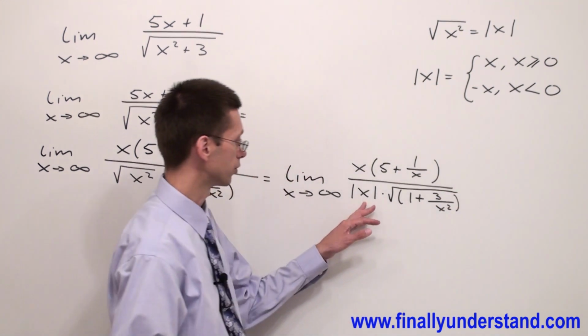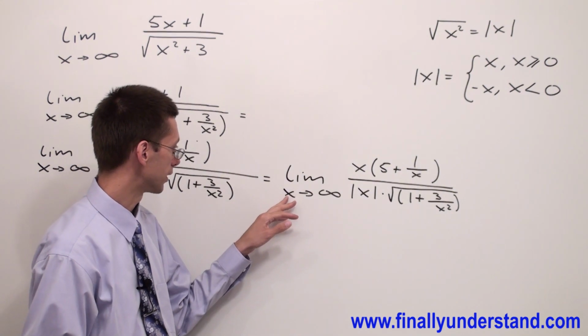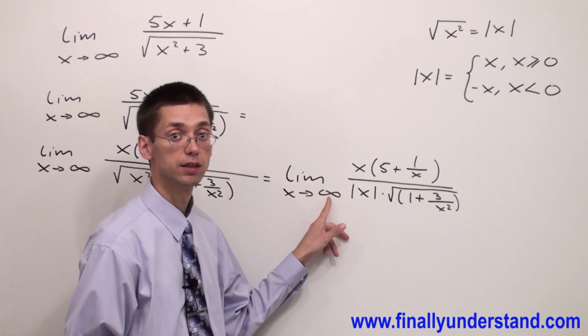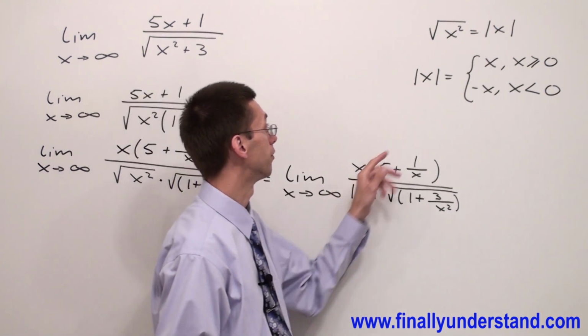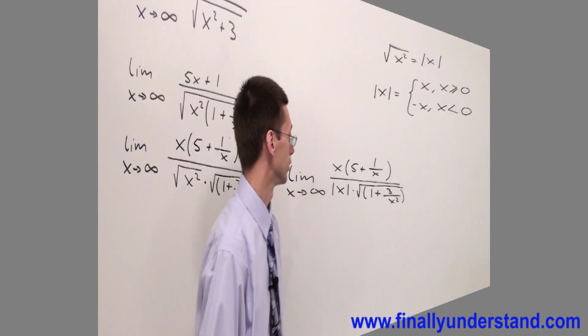Next, you have to look at the absolute value and keep in mind that x is going to positive infinity. That's why the values of x are going to be greater than 0.